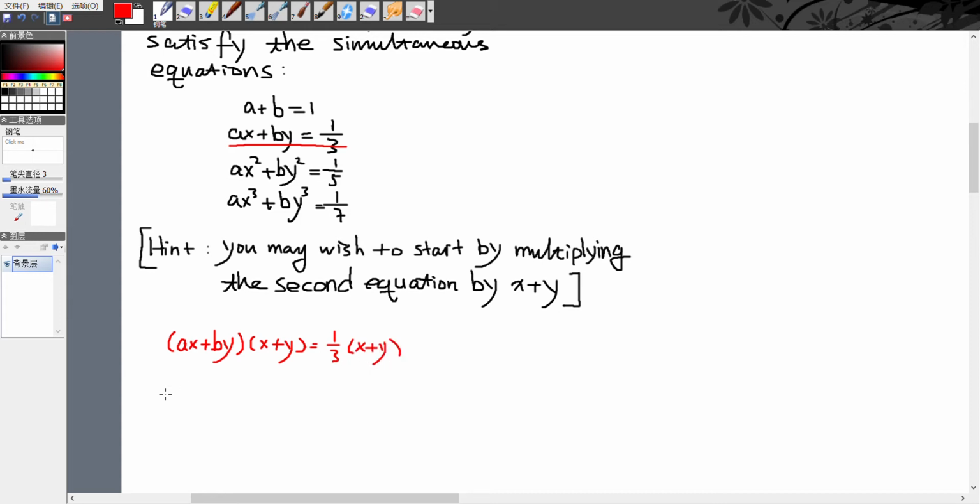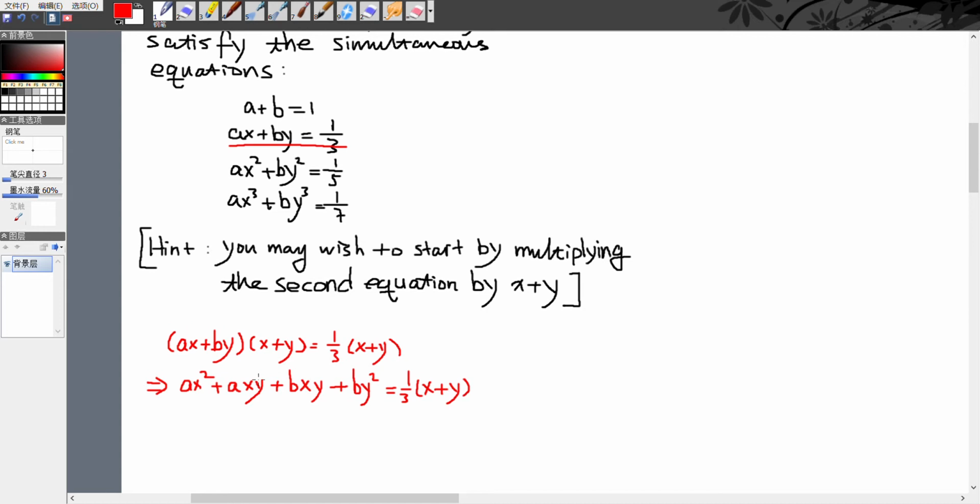And by a little simplification, we will have ax squared plus axy plus bxy plus by squared equals 1 over 3 times x plus y.